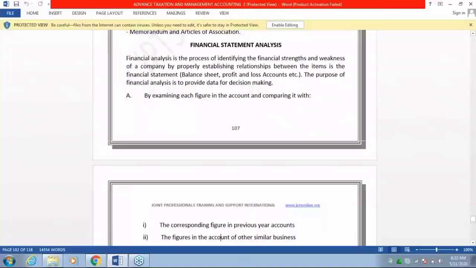So in definition, financial statement analysis is a process of identifying the financial strengths and weaknesses. How do I mean? We use the financial statement analysis to determine whether the company has made a profit or a loss. So that is the strength. They may not make a profit, and they may not even lose, but the accounting stability or status will be known.